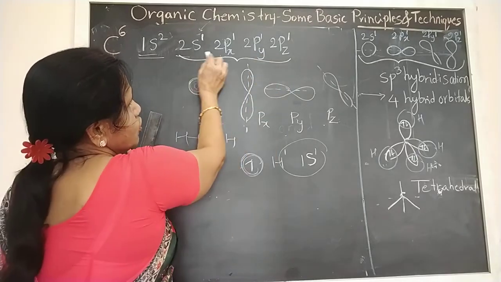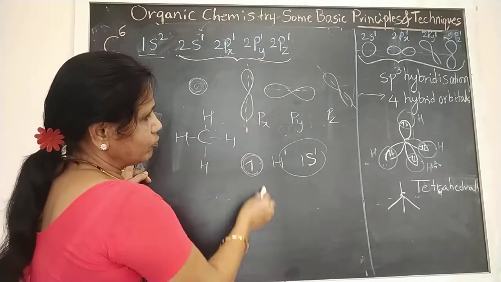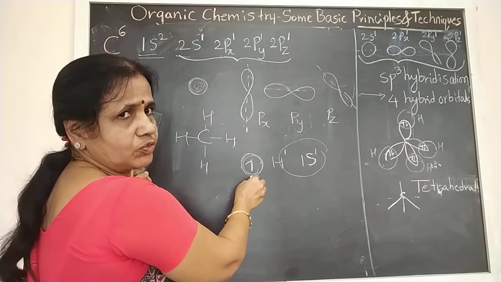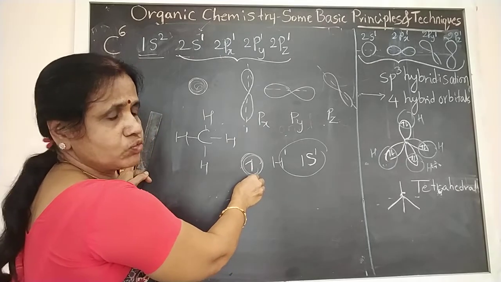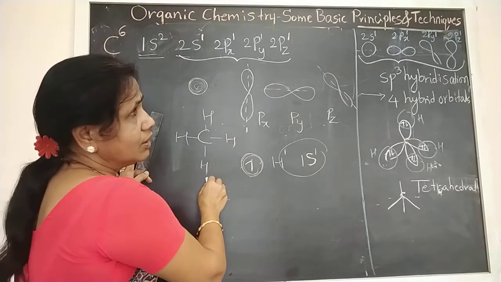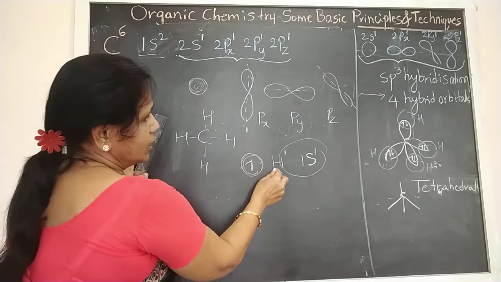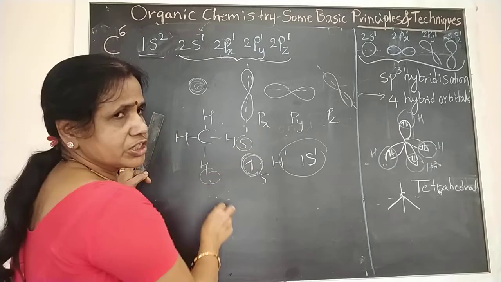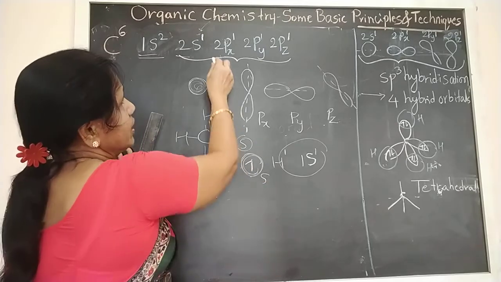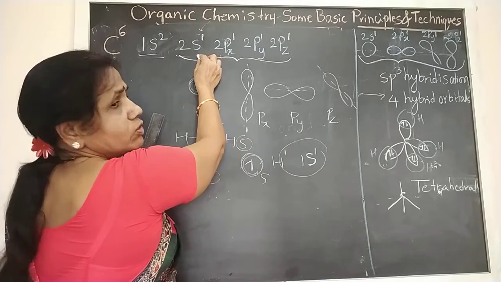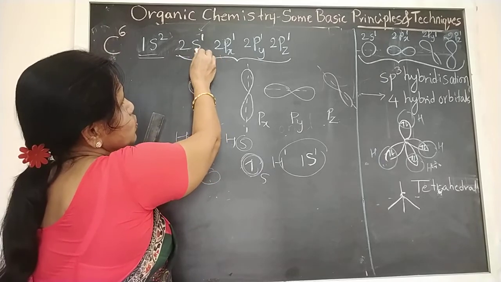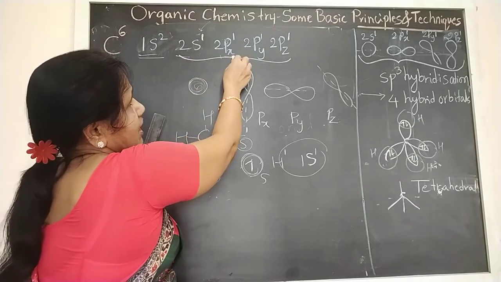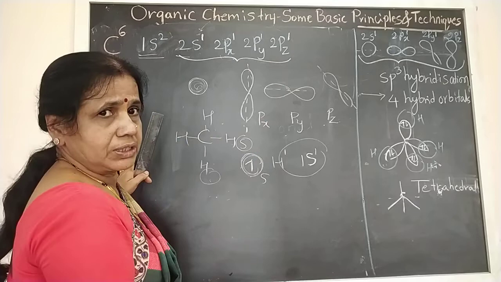These 4 orbitals should overlap with the s orbitals of the 4 hydrogens to form 4 bonds. But all the hydrogens contain a spherical s orbital of lower energy, whereas in carbon only one s orbital is there, the 2s orbital, and the other 3 are 2p orbitals.